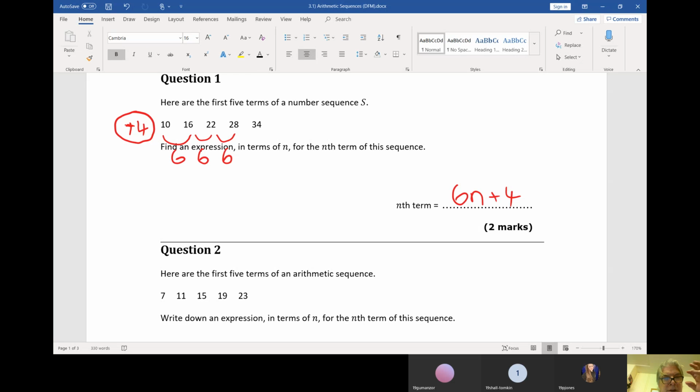So the 10, Phoebe, is genuinely the first number in the sequence, then it's 16, then it's 22, and so on. But this adjustment we've got to do on the end has to be the person who would push in at the front of the queue. So the person who would push in front of the 10 has to be 6 below the previous one. 10 take away 6 is 4. Does that make sense, Phoebe?